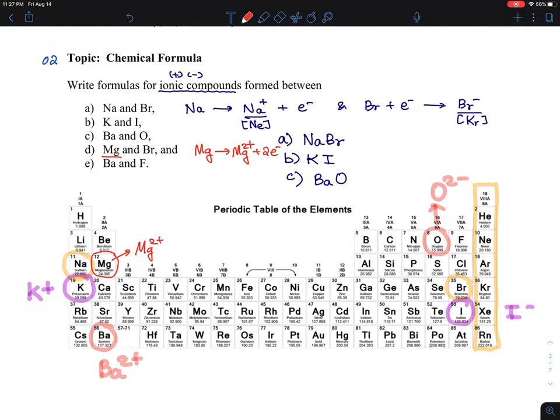But what about the bromine? We know it wants to take 1 electron to become bromine minus. So it takes 2 bromine minus to neutralize 1 Mg2 plus ion.